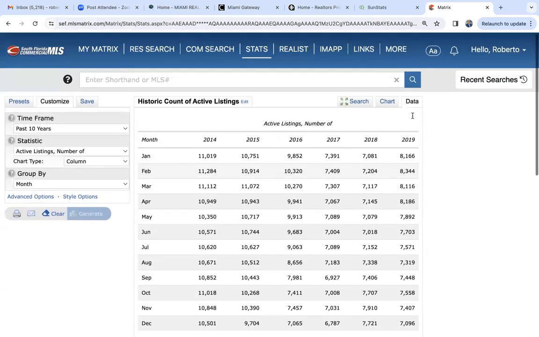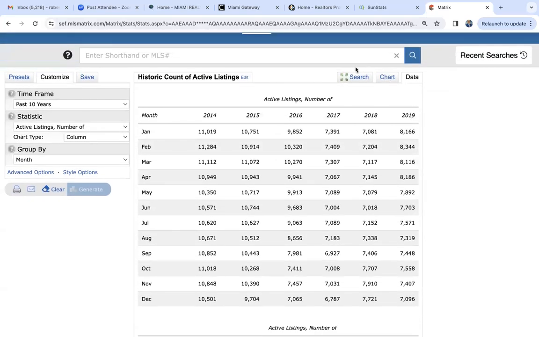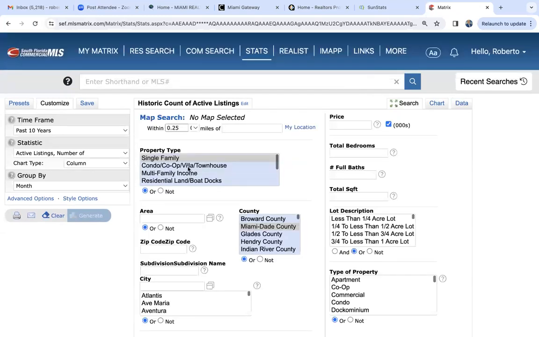Now, if you want to switch over to condos, it's quite simple. Come over here to where it says search and just switch over to condo. And then click on generate, and how many condos do we have currently in the market in Miami-Dade County? We are going to be looking at the sales volume as well, and we are also going to be looking at the sales prices.